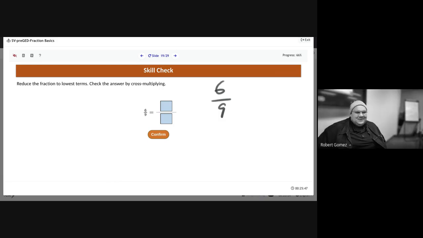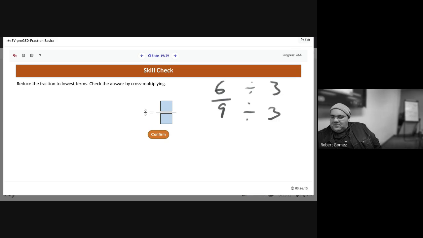Okay, so let's take a look at this. We have 9 and 6. Let's see if we can figure this out. So we're looking for the highest number that will go into both. 3, right? And if you look at your multiplication table, you can figure it out. So what we're going to do is divide this.